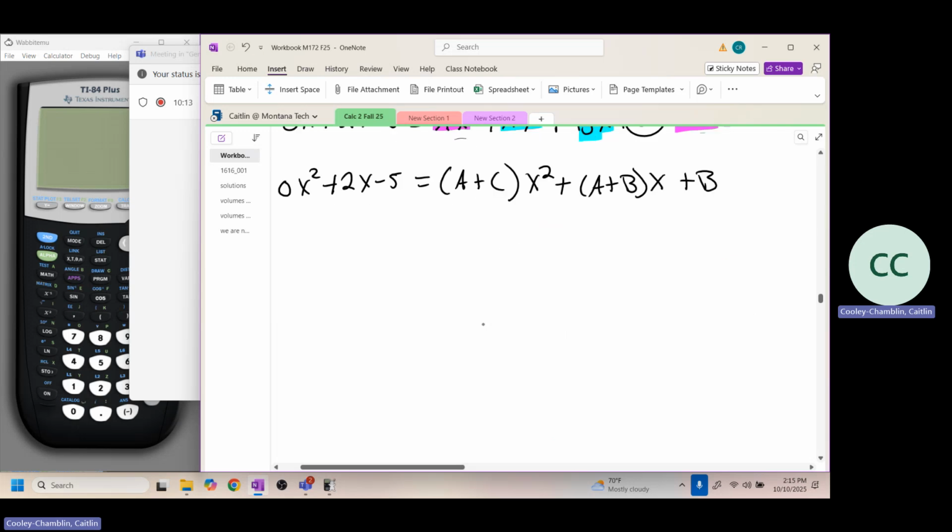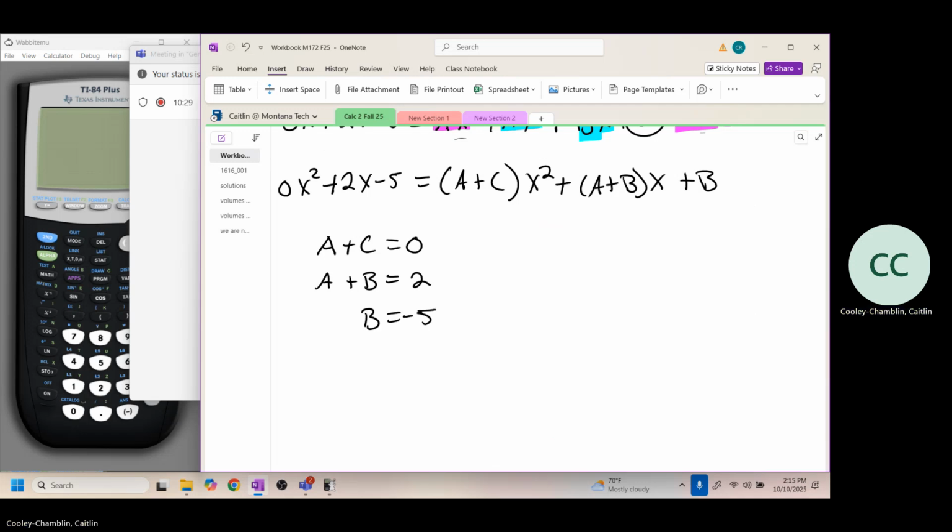Now to build our systems of equations. Okay, so I have a plus c equals 0, a plus b equals 2, and b equals negative 5. Okay, so I already have b, so I know a plus b equals 2.